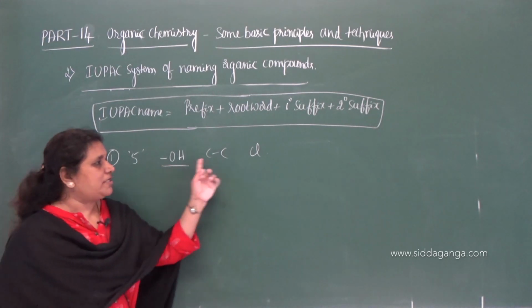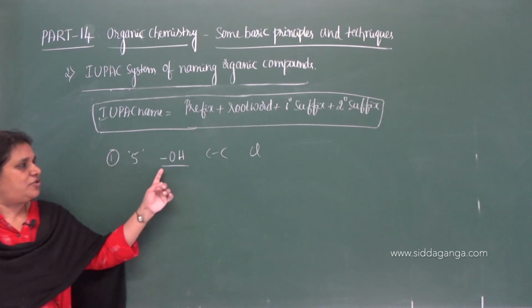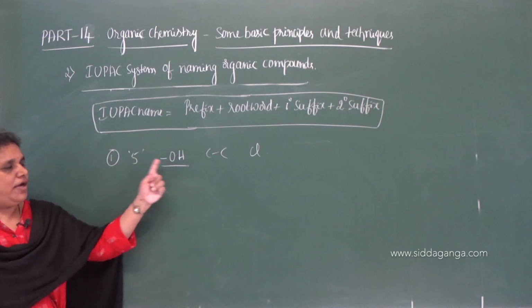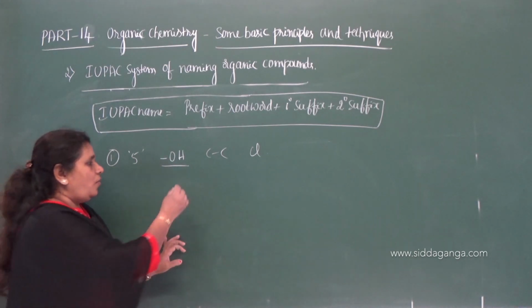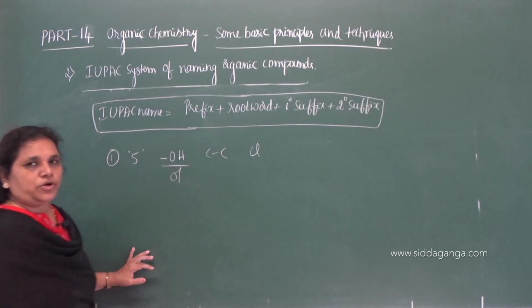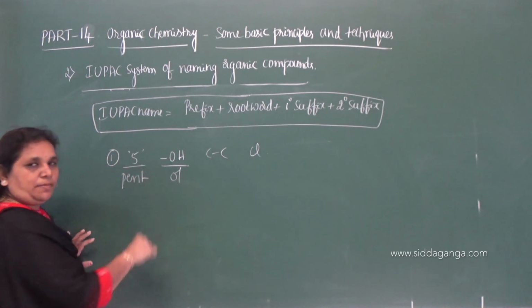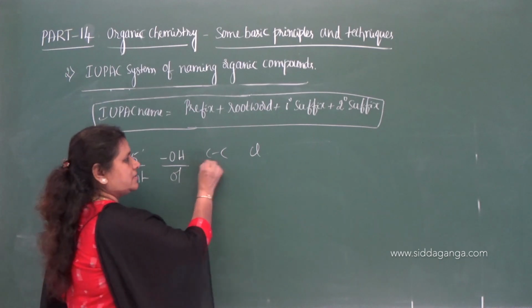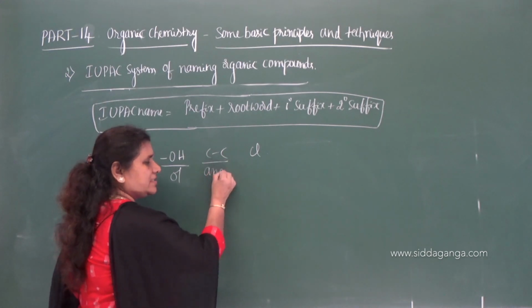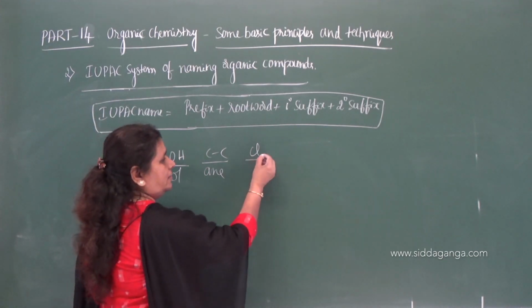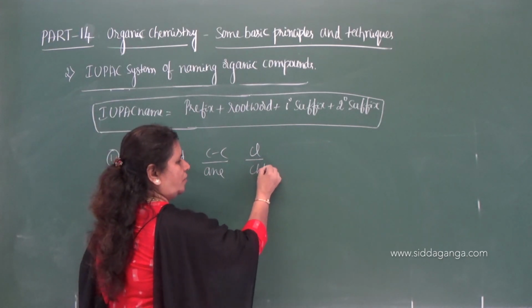When an OH group and Cl are both there, preference is given to OH, therefore it becomes the functional group. The secondary suffix for the OH functional group is ol. The carbon to carbon single bond gives the primary suffix ane, and the prefix will be chloro.